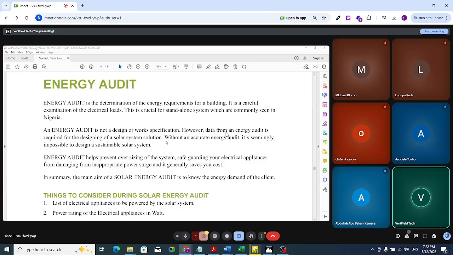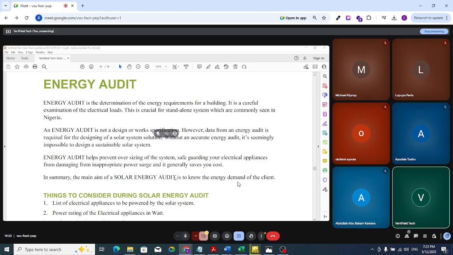So the third thing here is that energy audit generally saves you cost. We are going to deal with oversizing of the system on one hand, and the second part is saving you cost. How does energy audit help you not to oversize the system?